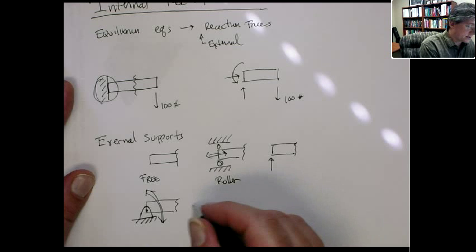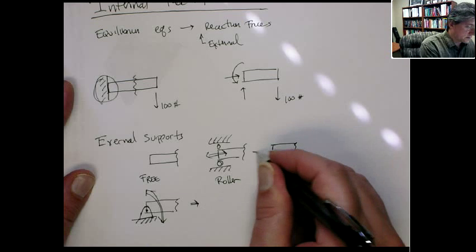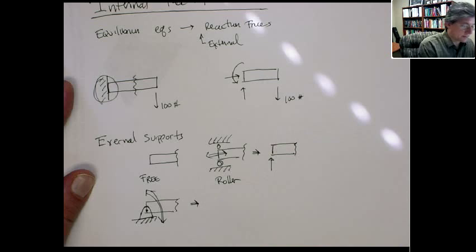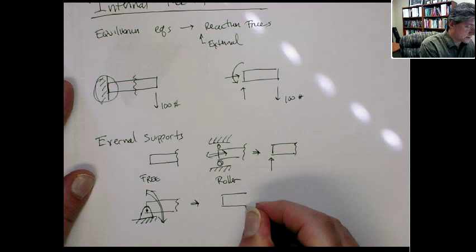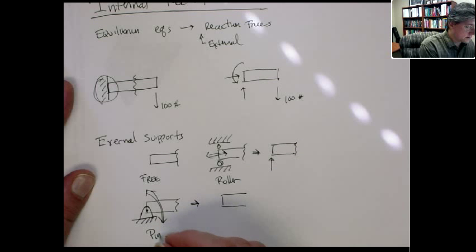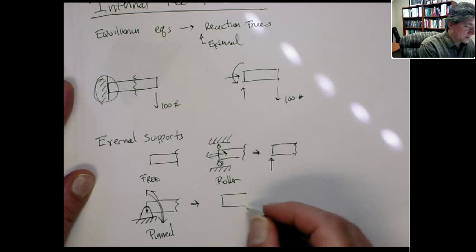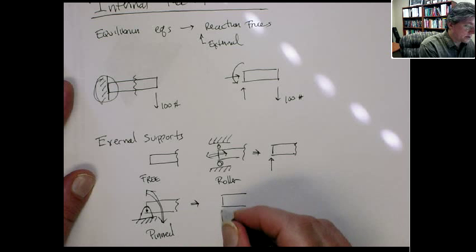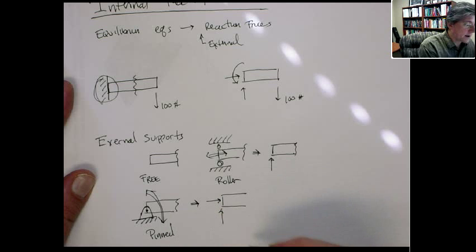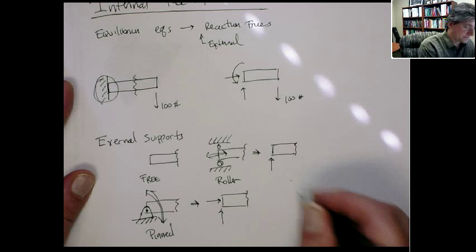So in this situation, this gives us the following types of reaction forces. So this is pinned. This gives us both an x and a y reaction force. No moment. It's pinned. And the last one is fixed.